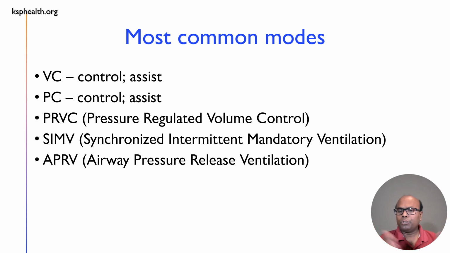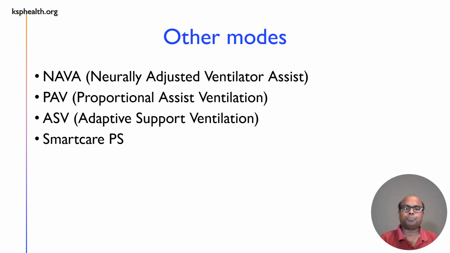First, modes. The most common modes are volume control, pressure control, both control and assist, pressure regulated volume control called PRVC, synchronized intermittent mandatory ventilation SIMV, and airway pressure release ventilation APRV. It has been used more and more, especially in patients with ARDS.